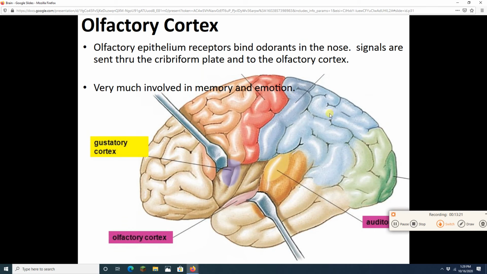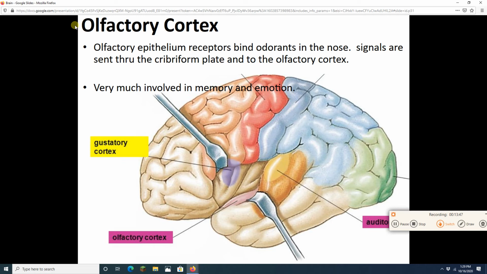Now, if we kind of peel the lateral sulcus open, just on the inside of that temporal lobe right there, the medial temporal lobe right there, that is our olfactory cortex. Now, you know you have olfactory nerves in your nose that are going to smell smells.